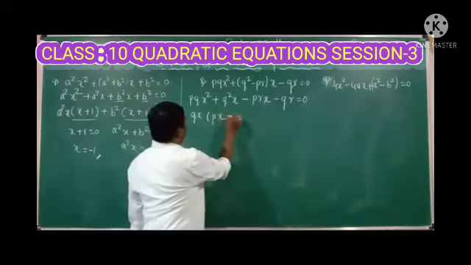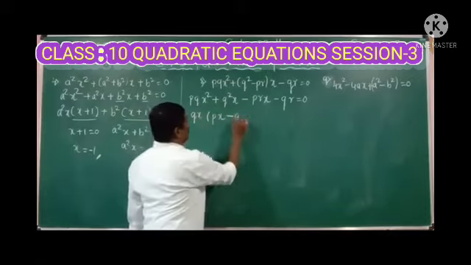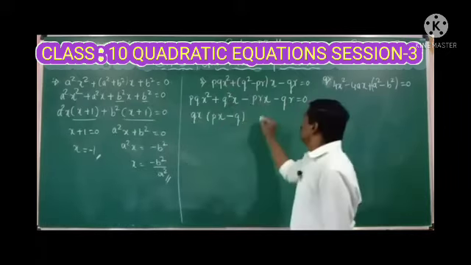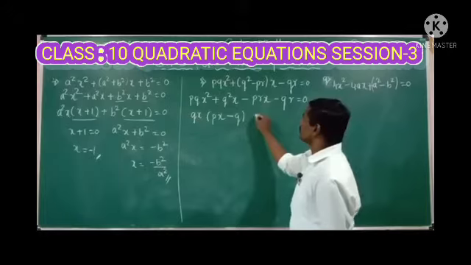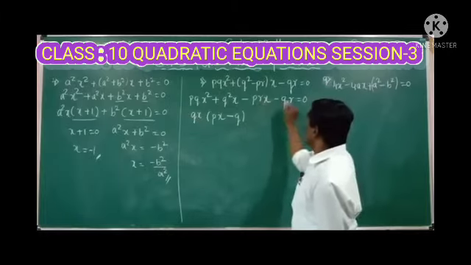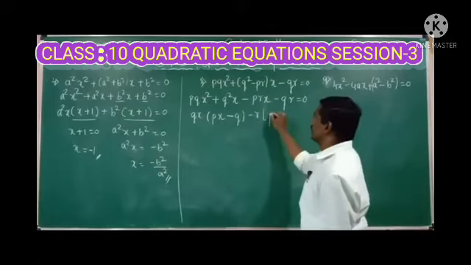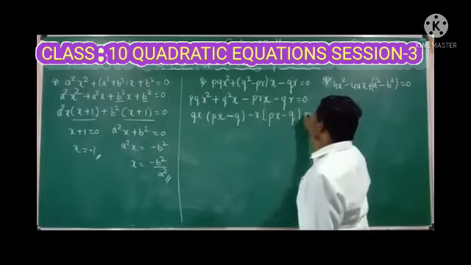In second term we are taking q already as one common term, so remaining q. Okay, next, in the last two terms, what we have common here? r, minus r, take it as a common, remaining px minus q is equal to 0.